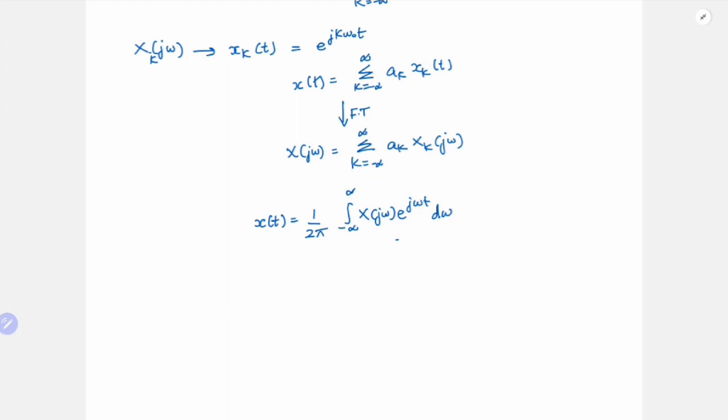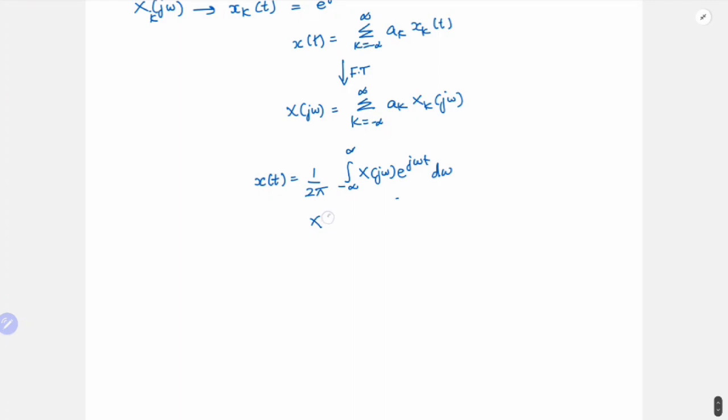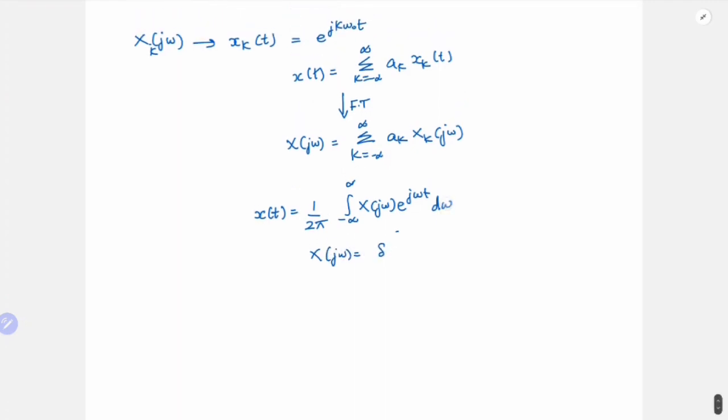So it is like replacing ω with kω₀. So I will take X(jω) equal to the delta function. Replacing means under the integral, we can use the delta function, ω minus kω₀. This will give 1/2π times e^(jkω₀t). I want to neglect this 2π also, so I add 2π before.